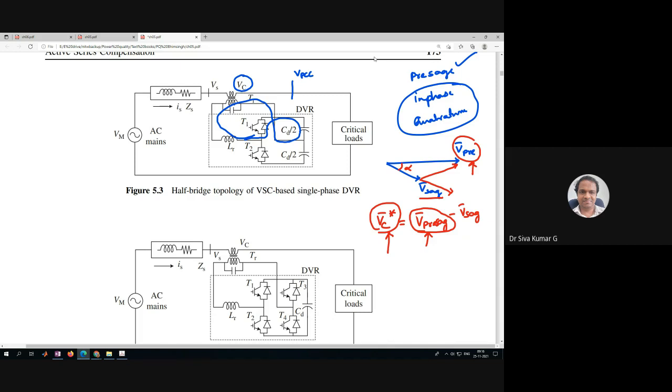If you try to inject the voltage, there is a phase shift at the angle alpha, then the in-phase is going to come, and we are going to change the position of the voltage. That means the zero crossing is going to change if you are injecting at any other angle.